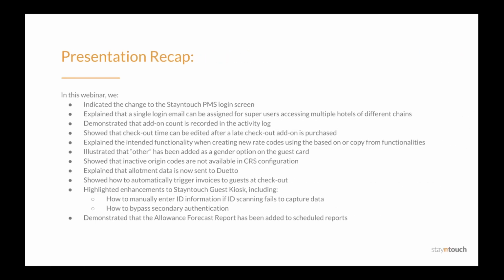All right, so today we indicated the change to the Stayntouch PMS login screen, explained that a single login email can be assigned for super users accessing multiple hotels of different chains, demonstrated that add-on count is recorded in the activity log, showed that checkout time can be edited after a late checkout add-on is purchased, explained the intended functionality when creating new rate codes using the based on or copy from functionalities, illustrated that other has been added as a gender option on the guest card, showed that inactive origin codes are not available in CRS configuration, explained that allotment data is now sent to Duetto, showed how to automatically trigger invoices to guests at checkout, highlighted enhancements to Stayntouch guest kiosk, including how to manually enter ID information if ID scanning fails to capture data, and how to bypass secondary authentication.